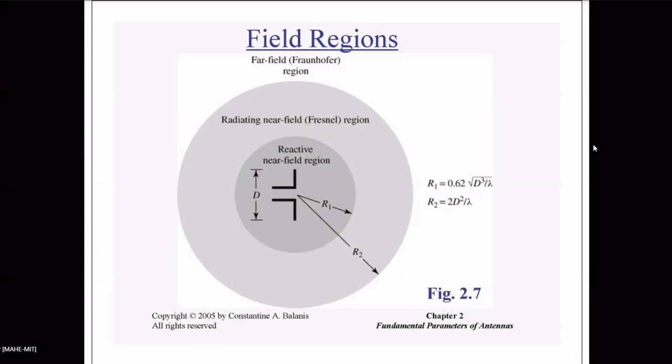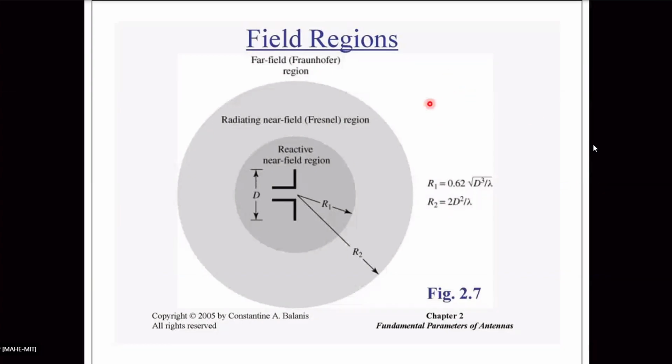The space surrounding an antenna is usually divided into three regions: reactive near field region, radiating near field Fresnel region, and the far field Fraunhofer region, which goes up to infinity.